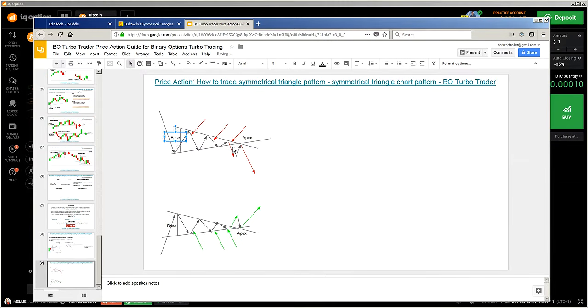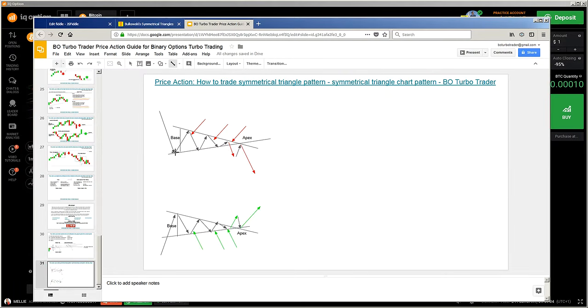We have the base, and if you are doing longer expiry time trades, you draw a parallel to this level here. You get the base, and the parallel to this level, you get the base here, for example.